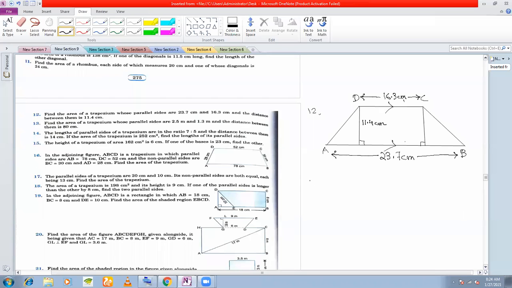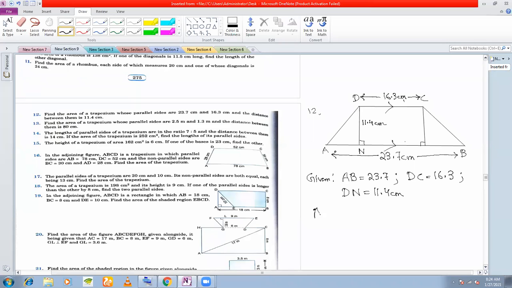Now, therefore, given here is the length of AB, which is 23.7, the length of DC, which is 16.3, and also let us call this N. So DN is equal to 11.4 centimeters.